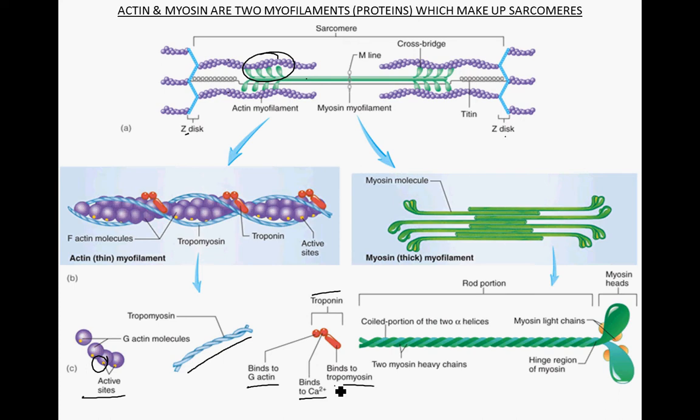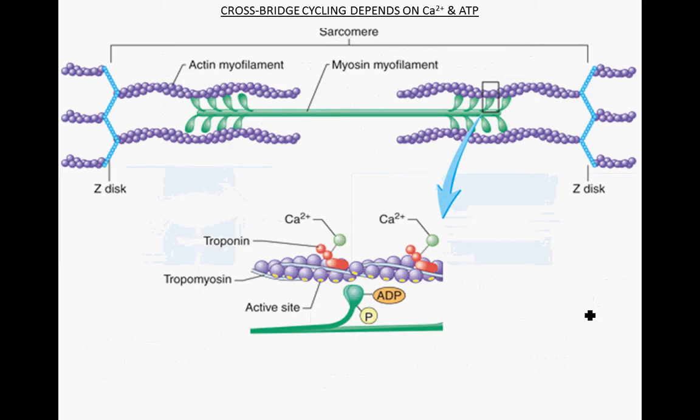Your myosin myofilament is a little bit thicker and consists of groups of the individual myosin molecules, and you have this rod portion here that is like the handle of a golf club, and then you have the myosin heads here with active or ATP binding sites on them. So again, we're going to focus on the interaction of those.